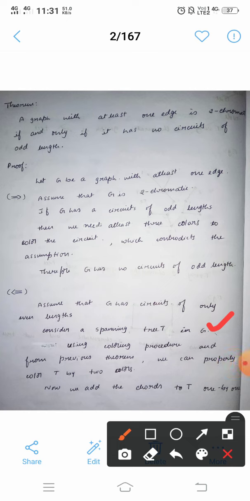Now we'll use the coloring procedure, and from the previous coloring procedure we'll color the spanning tree. Spanning tree is also a tree, right? It is a tree in a graph which contains all the vertices of the graph.